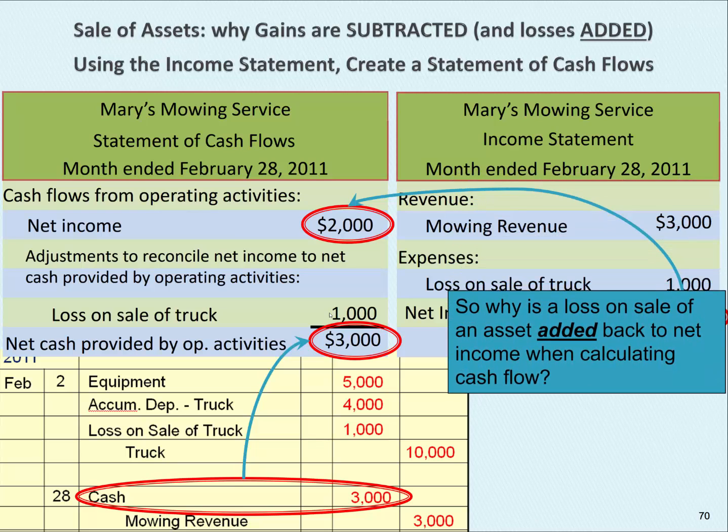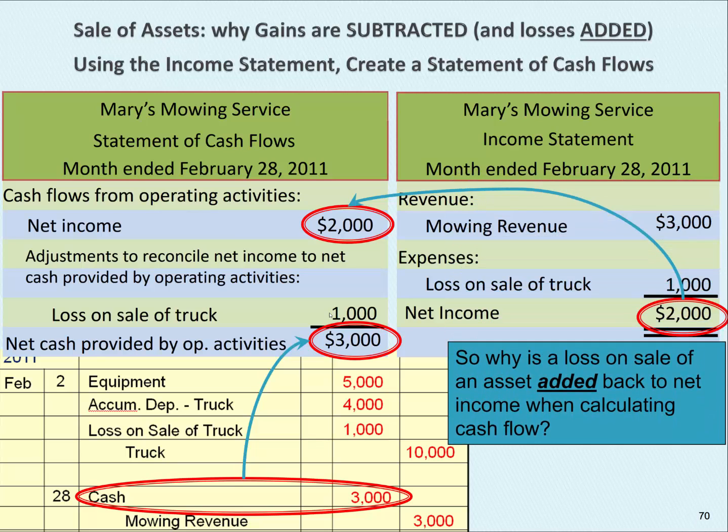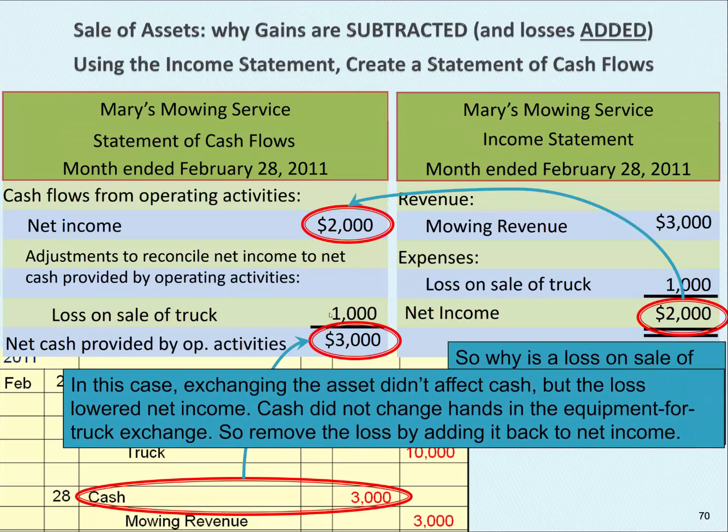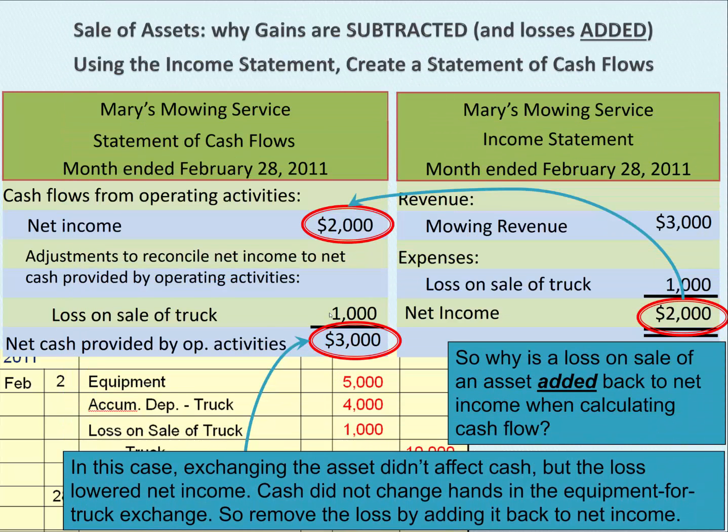So why is a loss on the sale of an asset added back to net income when calculating cash flow? Well, in this case, exchanging the asset did not affect cash, but the loss did lower net income, as you can see over here in the income statement. Cash did not change hands in the equipment for truck exchange.